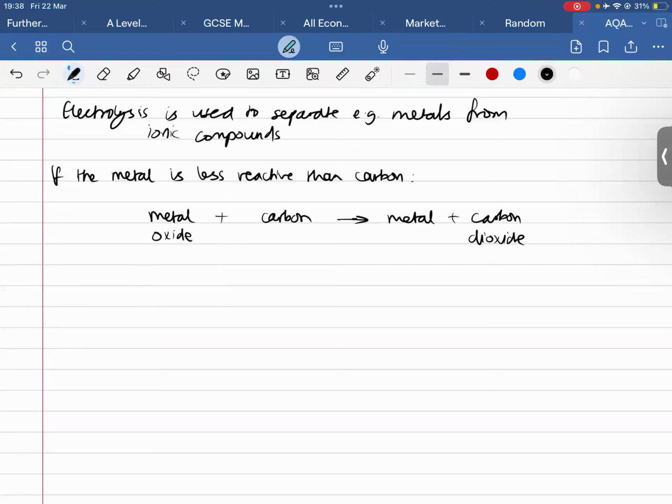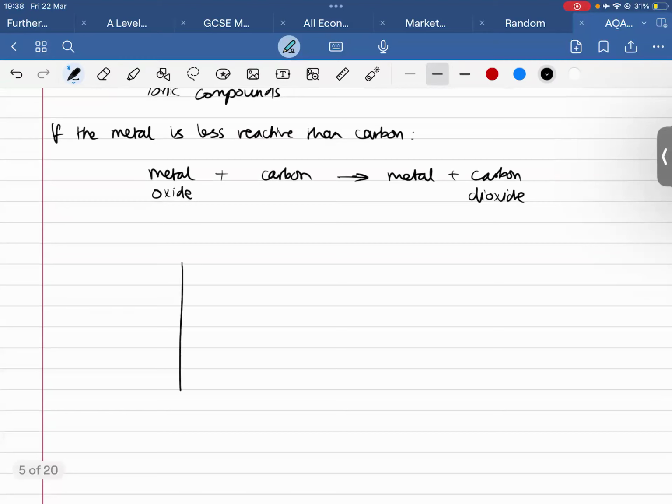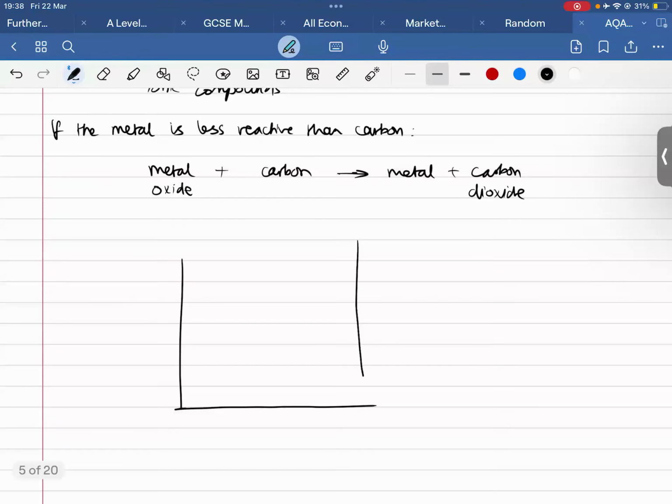So what is electrolysis? Inside we have a molten version of the ionic compound. So the ionic compound will be something like magnesium oxide or sodium oxide.